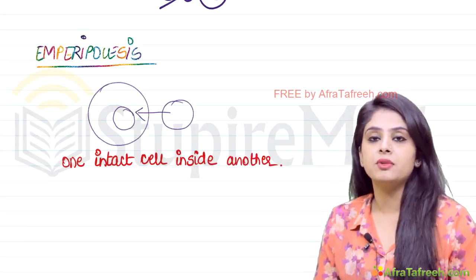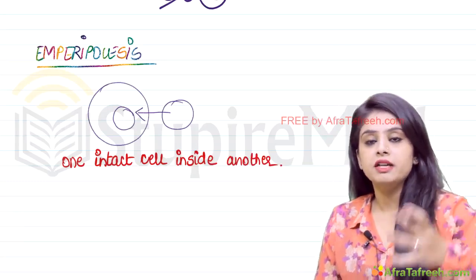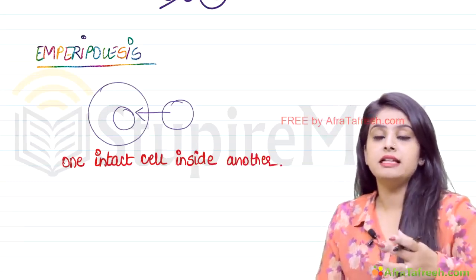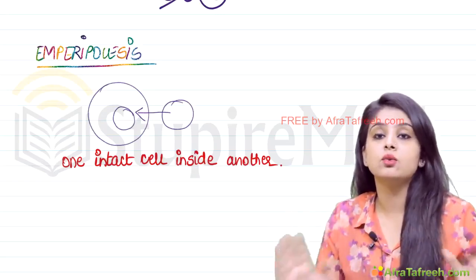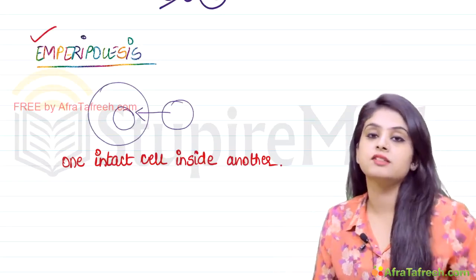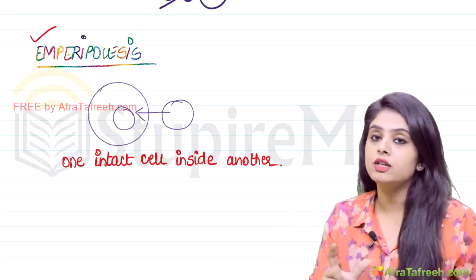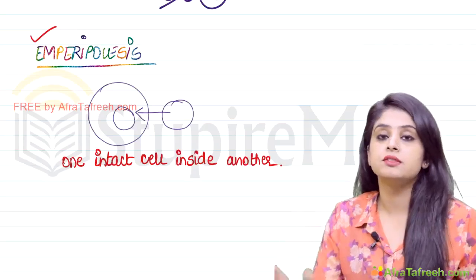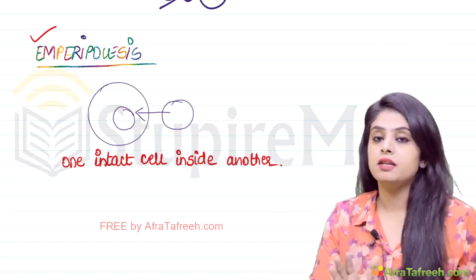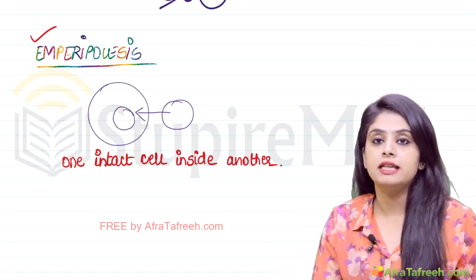There is no killing happening in this process. When one intact cell eats up another intact cell and none of the cells die, that process is known as Emperipolesis. So do not confuse Emperipolesis with phagocytosis. Phagocytosis is a killing mechanism. Emperipolesis does not involve killing.